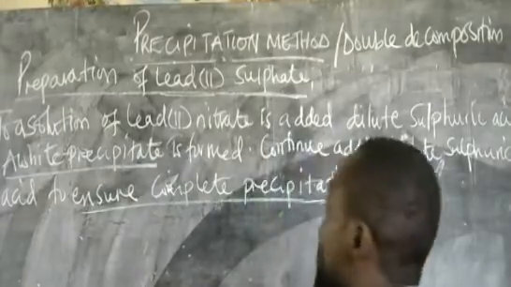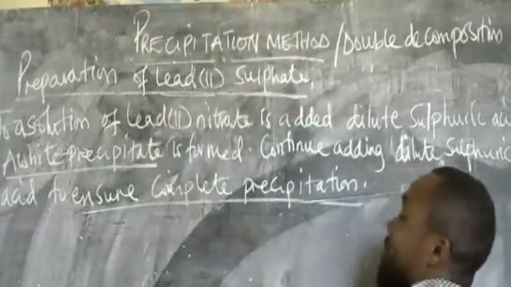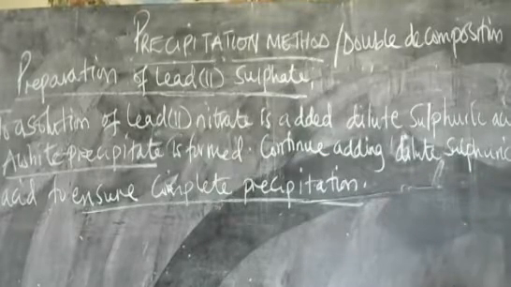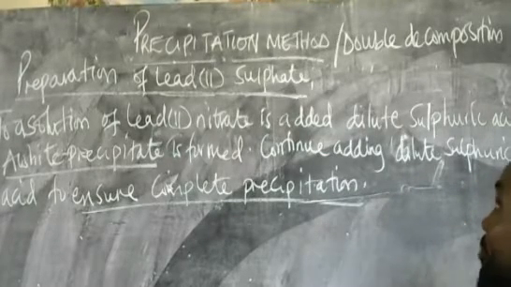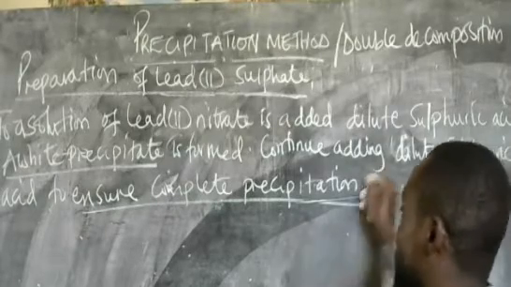Why do we ensure complete precipitation? We add completely such that the lead 2 ions have completely precipitated out from the solution as lead 2 sulfate.